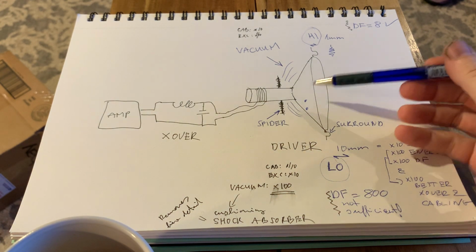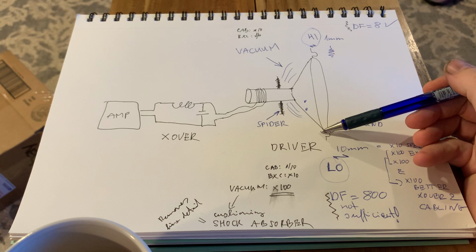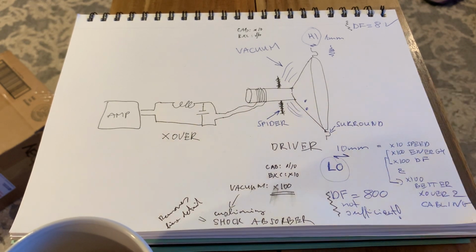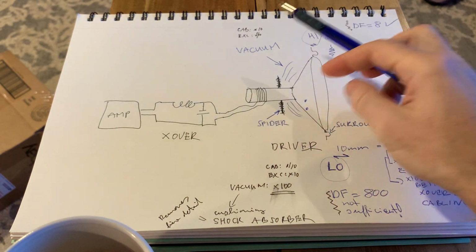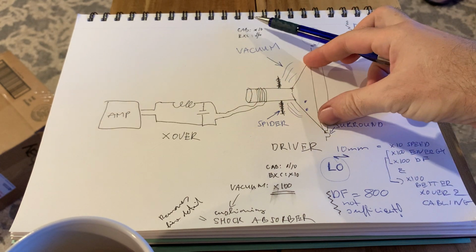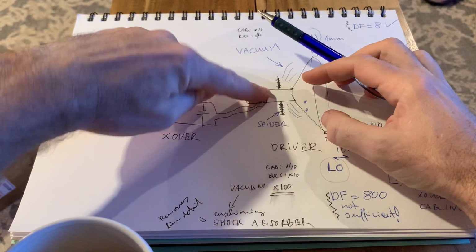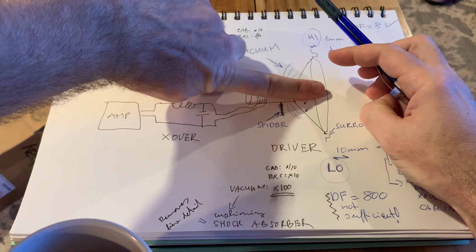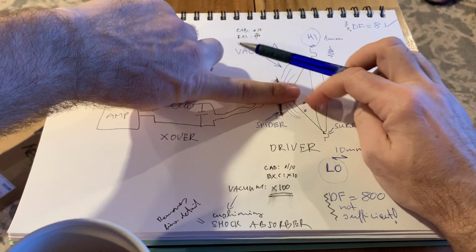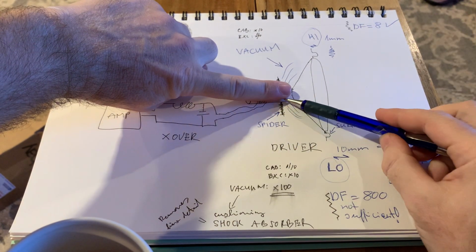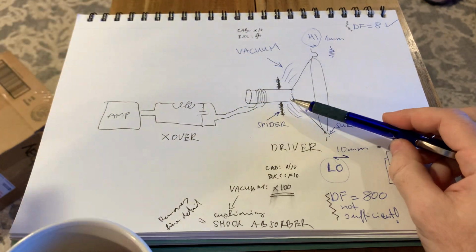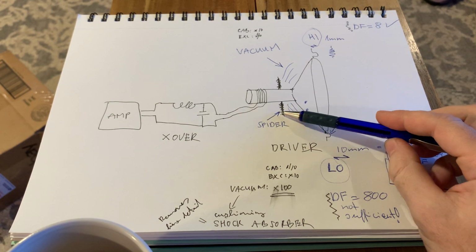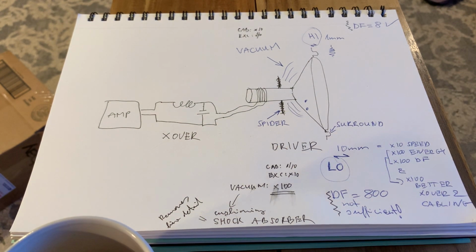But if you make it super duper light, you still have the spider to counteract the movement of the assembly, because even though this thing is light, when the motor wants to push this assembly forward, yeah, the weight is light here, but there's a strong brake applied to it. So basically, you are losing the benefits of the light cone because there's a very strong spider.